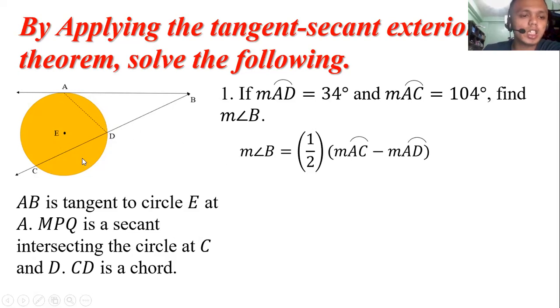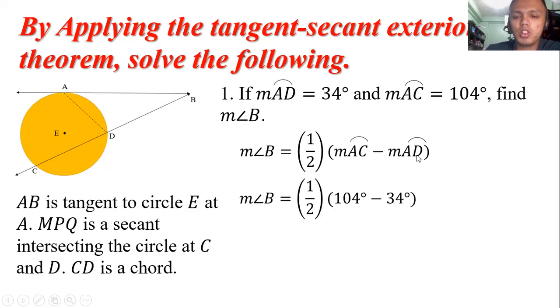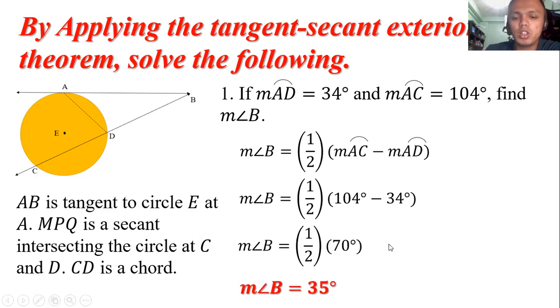Hindi natin kasama si CD dito kasi hindi siya intercepted arc ni B. Now, your AC here is 104, your AD here is 34. Subtract natin 104 minus 34, that would be equal to 70. Then 70 times 1 half is equal to 35 degrees for your measure of angle B.